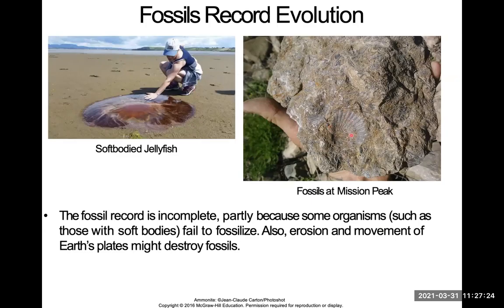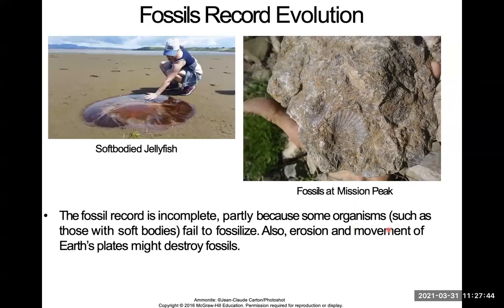If it's an organism that has a hard shell that can get fossilized, then you'll have evidence for that organism. So that's why it's kind of biased, depending on if it can even get fossilized.